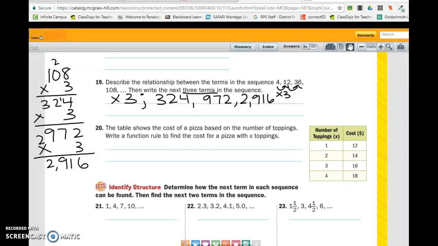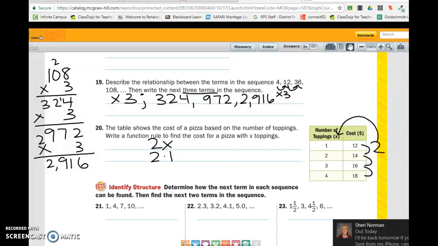So we're going to come over here. How do I get from 12 to 14? 14 to 16, 16 to 18. And that would be 2. So we're going to put 2 in front of x. So we have 2x. And then, 2 times 1 equals 2.